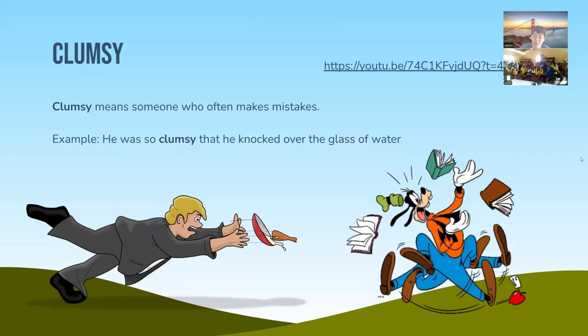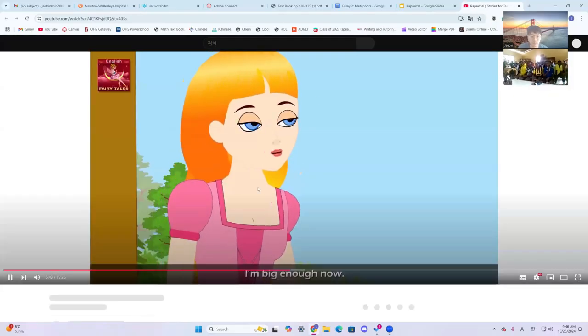Here are two pictures of being clumsy: the person dropping the plate, and the picture on the right, being clumsy about the book. And it is used in the story as such. Let's take a look.